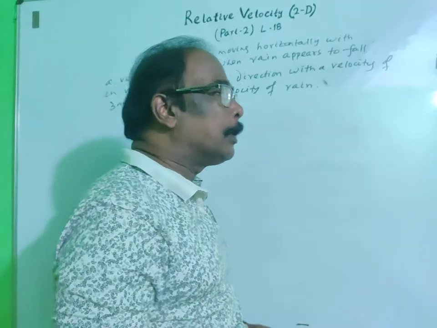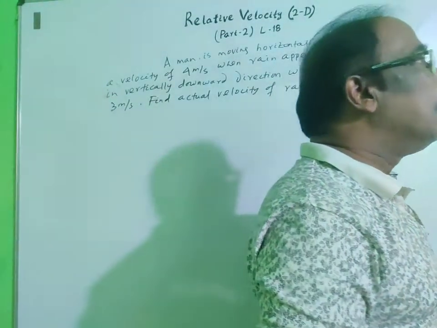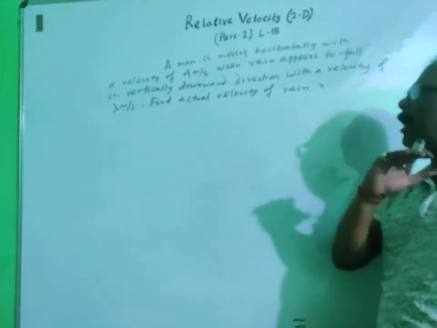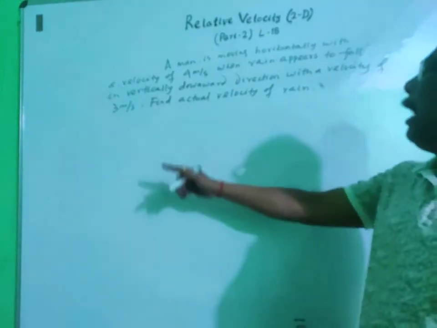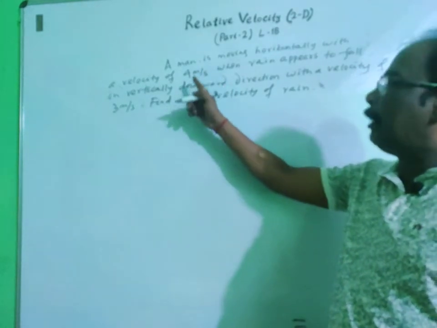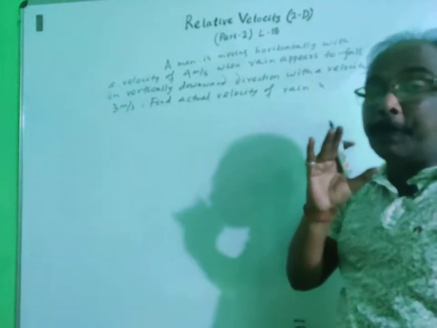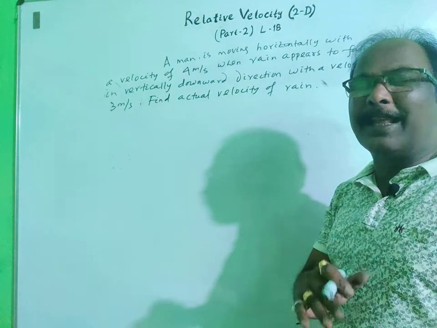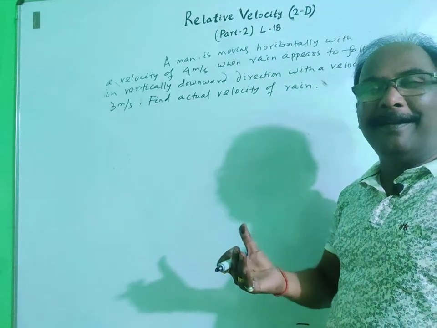Just think about the concept. Rain falls and rain appears to fall. Man is moving horizontally with a velocity 4 meter per second and rain appears to fall. I have not written rain falls. Rain appears to fall.